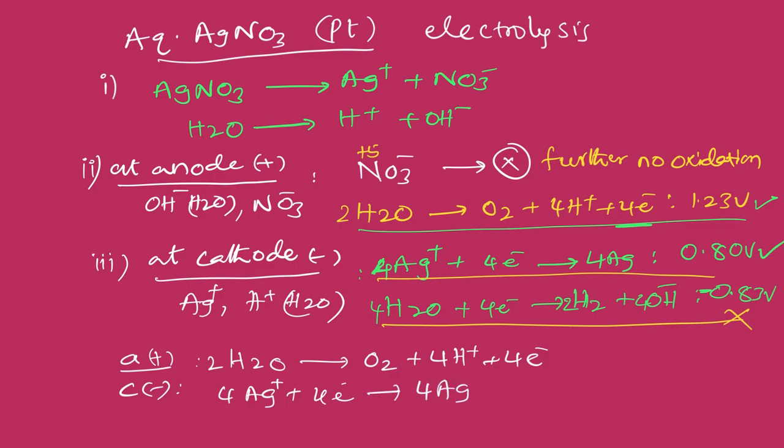So what are the products formed at the anode? Oxygen is the product formed at the anode, and at the cathode Ag is the product formed, that is deposited. This is about the aqueous AgNO3.